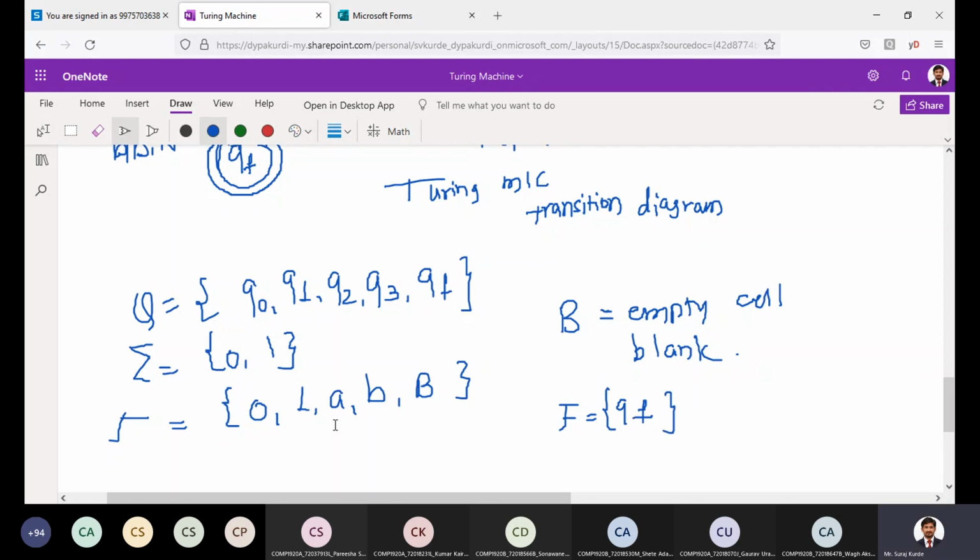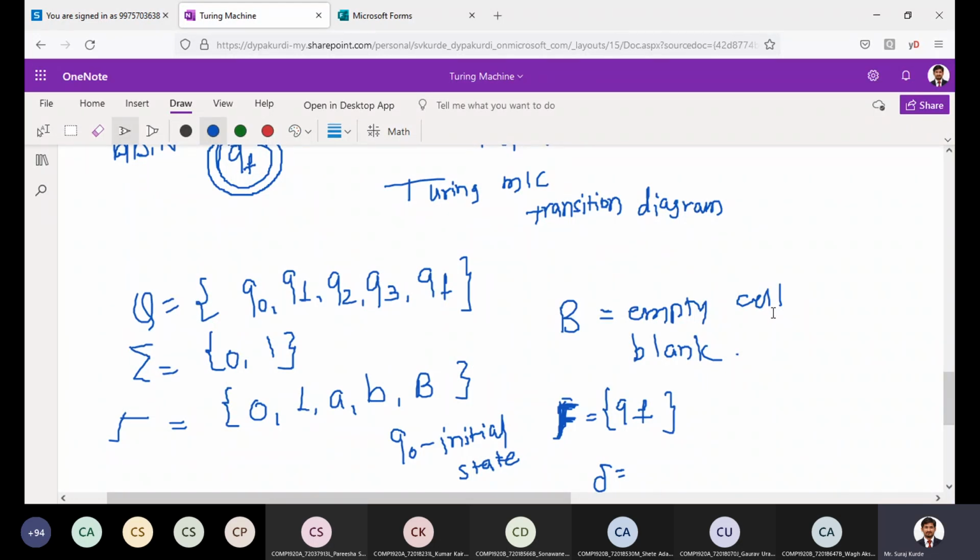Transitions we have written, the transition diagram is drawn, right? And Q0 is the initial state. For delta we have written the transitions. So these are the tuples. You have to write all the tuples after finding your solution.